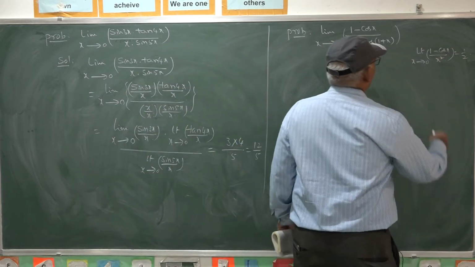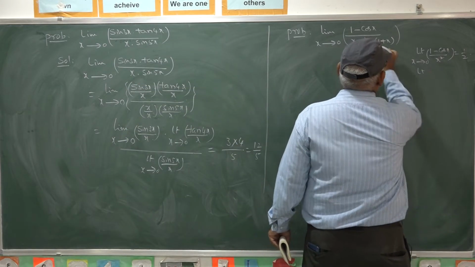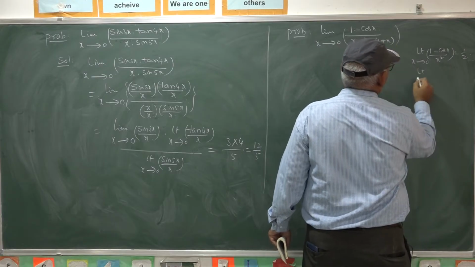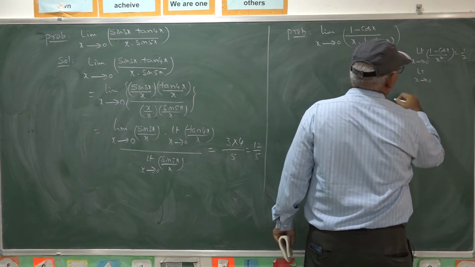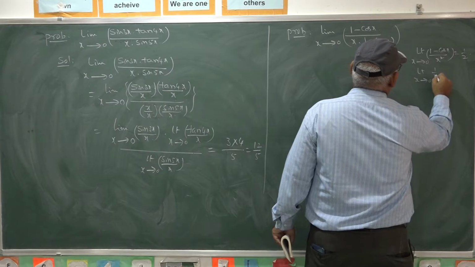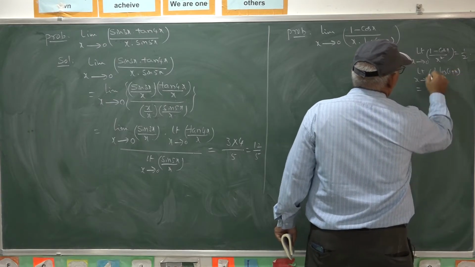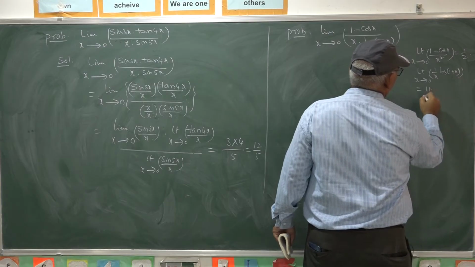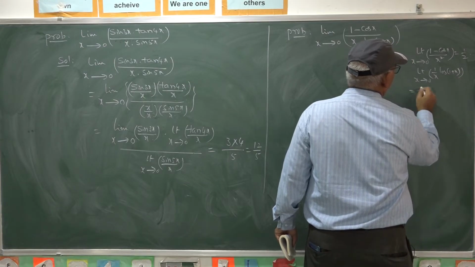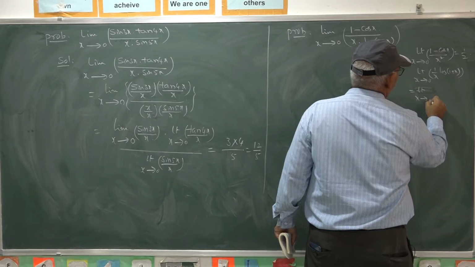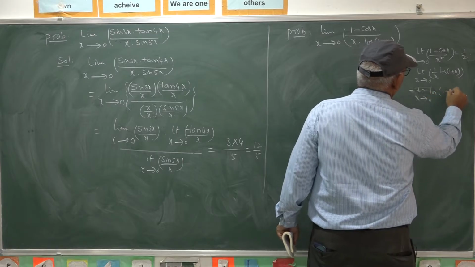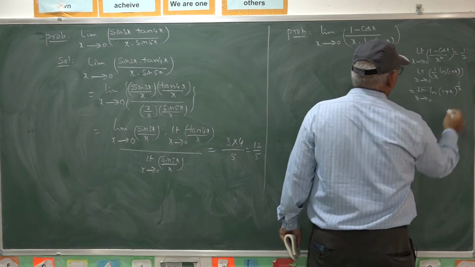The other formula is, here we have log 1 plus x form. So, x goes to 0, 1 by x log 1 plus x, which is nothing but limit as x goes to 0, log of 1 plus x whole power 1 by x.